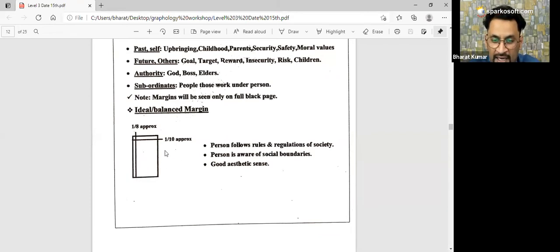If your client is leaving this space on the opposite side, meaning the client is starting writing from here and leaving space here, that is no left margin. Got my point now? Is this clear, how to find out the margin? Just now it is a right margin. If you change it, it will become a left margin. If the upper space comes on the downside, it will become a lower margin. Actually, in notebooks we always use a right margin because we should be future oriented. We should learn from the past, but we should not be stuck in the past.